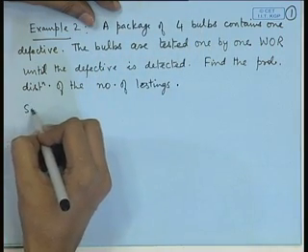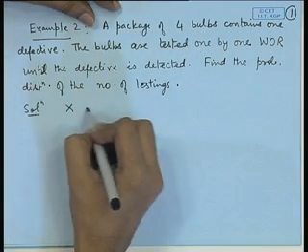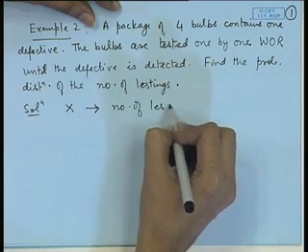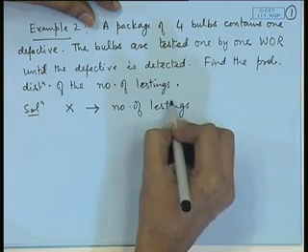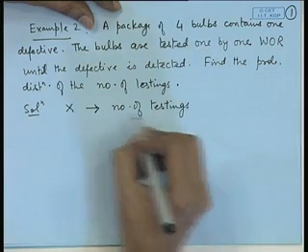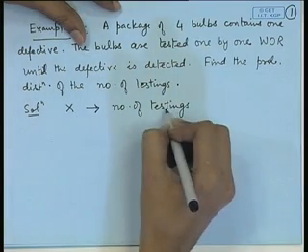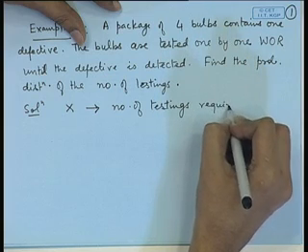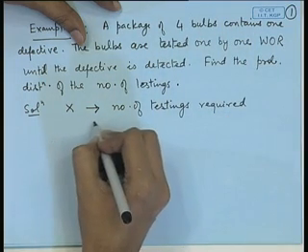So, let us look at X, the random variable which denotes the number of testings. Once we outline a random variable, the first thing is we should look at the set of values that the random variable can take.